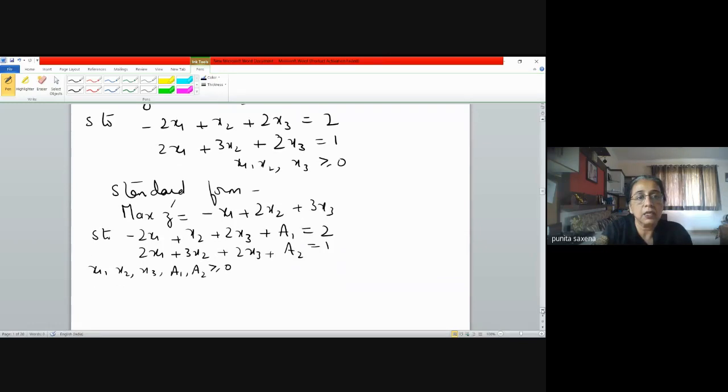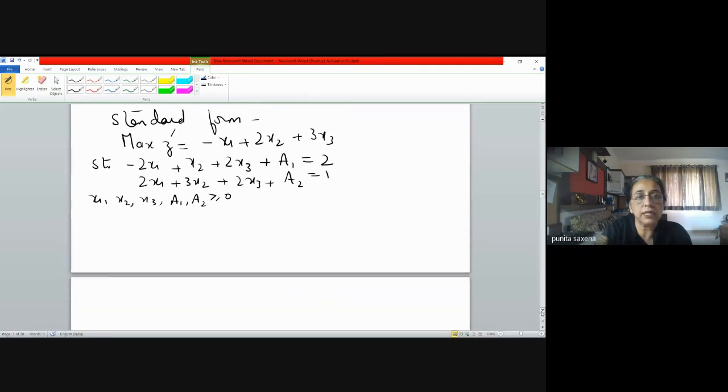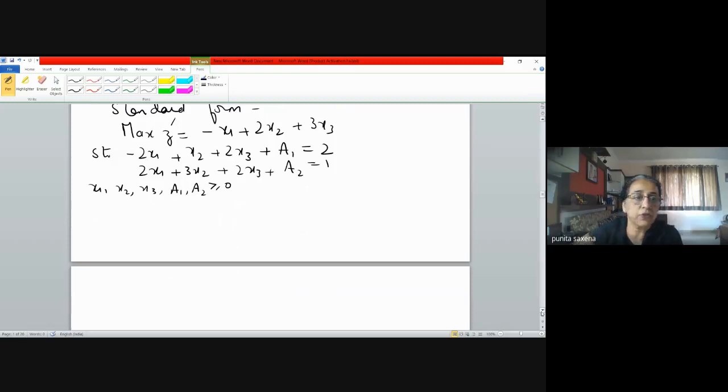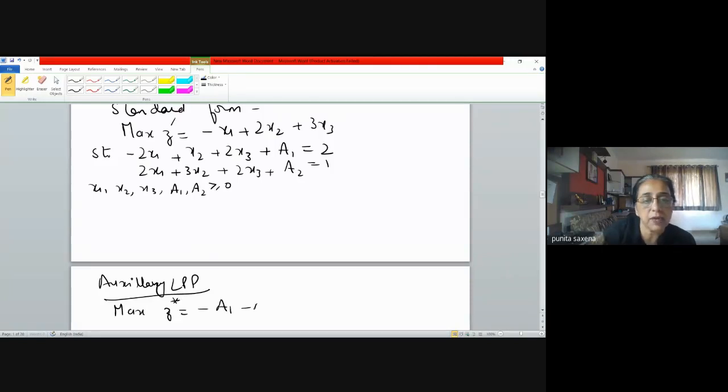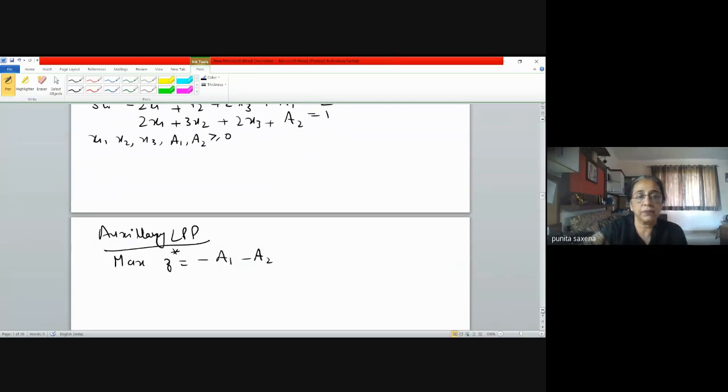Okay. Now we have to write the corresponding auxiliary LPP because we are going to solve it by the two-phase method. So your auxiliary LPP for this problem is going to be maximize Z star, which is minus a1 minus a2 now because all other coefficients will be 0, subject to your constraints remaining the same.